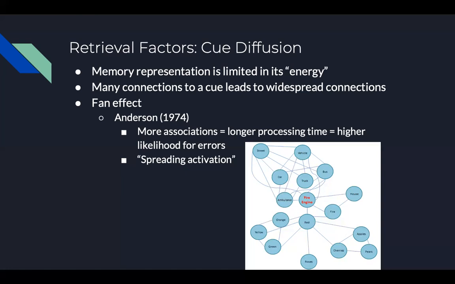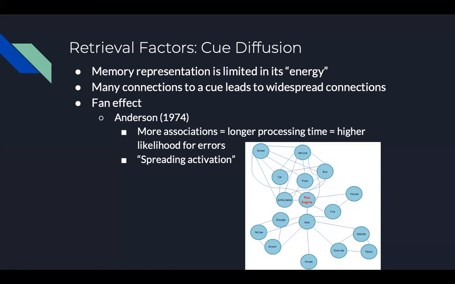And so this idea of a fan in fan effect, it refers to a concept with multiple associations, which form a sort of fan. They fan out from the word. So again, looking at this picture, we see that for fire engine, there are a lot of different concepts that fan out or spread out from it.